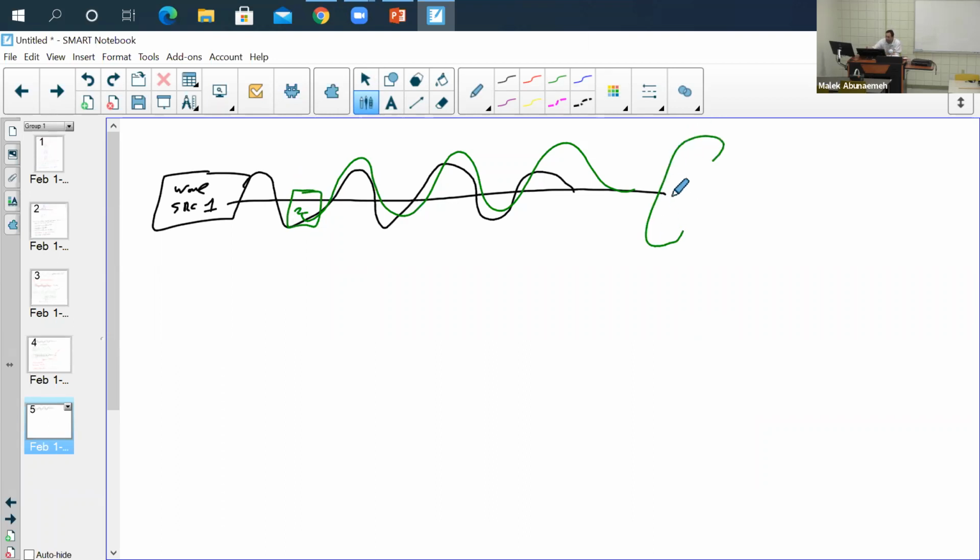And basically, this is your ear. So let's say this is your distance from this first source wave to your ear. That's your x1.